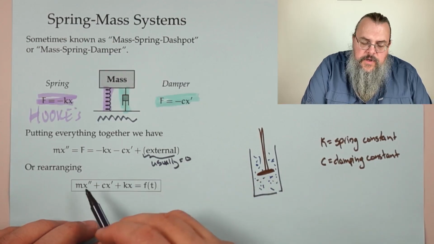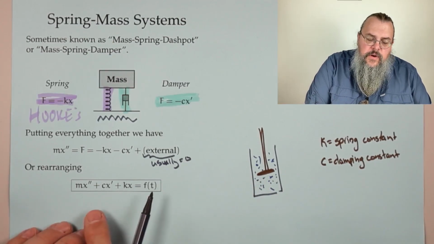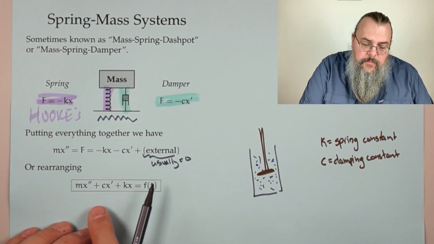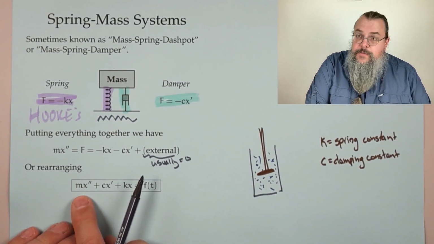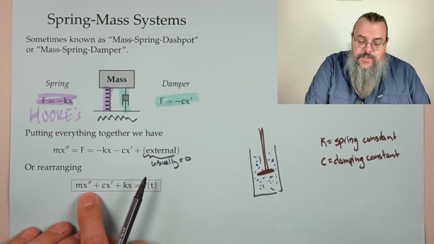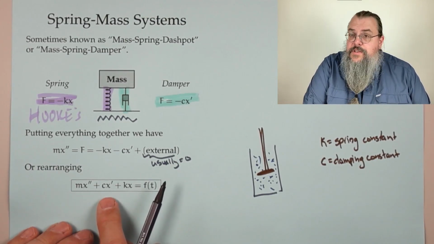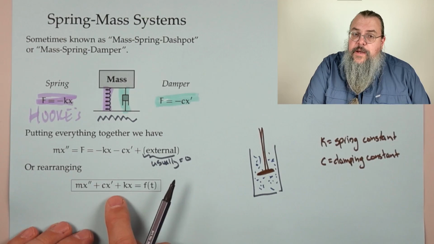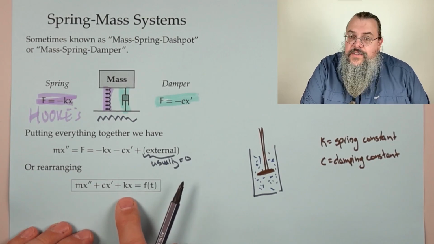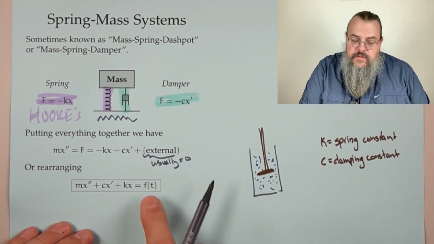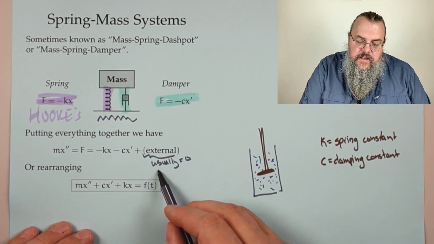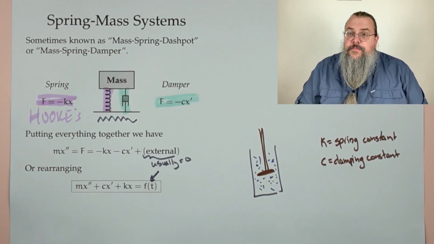And so we're going to say, for the most part, what do our spring mass systems look like? Well, some constant, which is the mass, times acceleration, plus some constant, which depends on your damping constant, times velocity, plus a constant, that's your spring constant from Hooke's law, times position, equals some external force, and again, that's going to be usually 0.